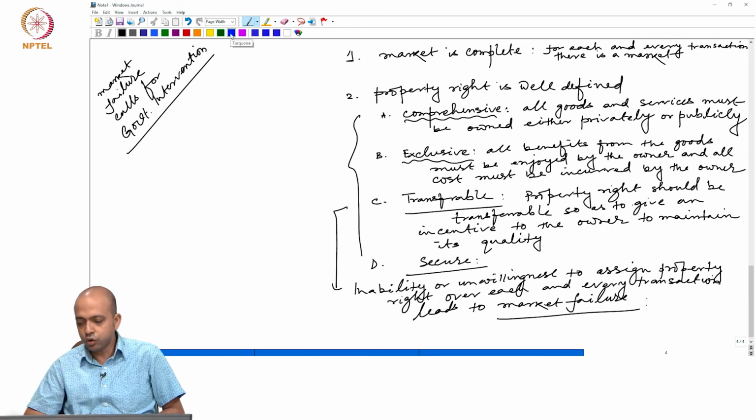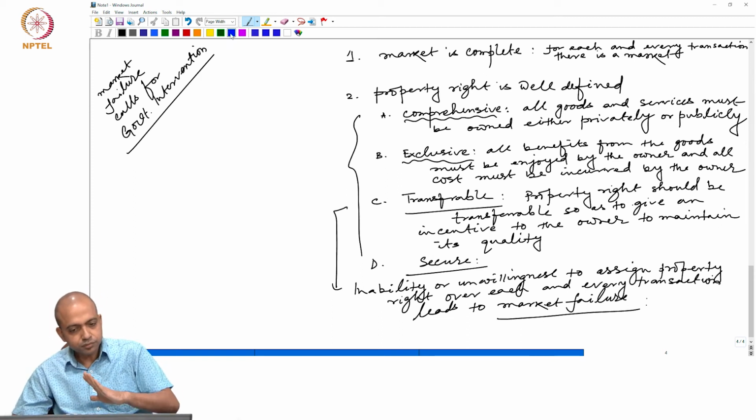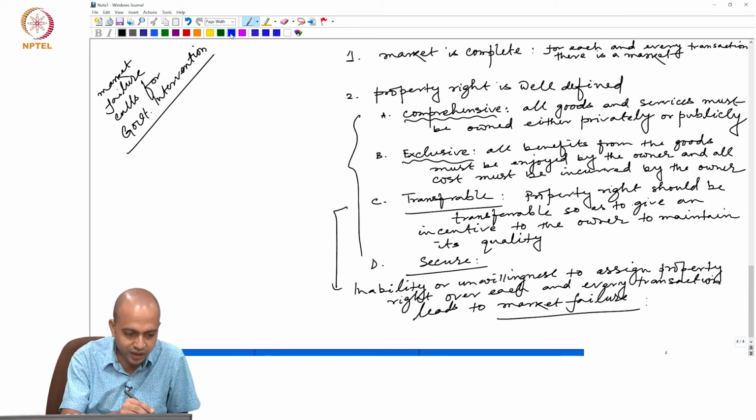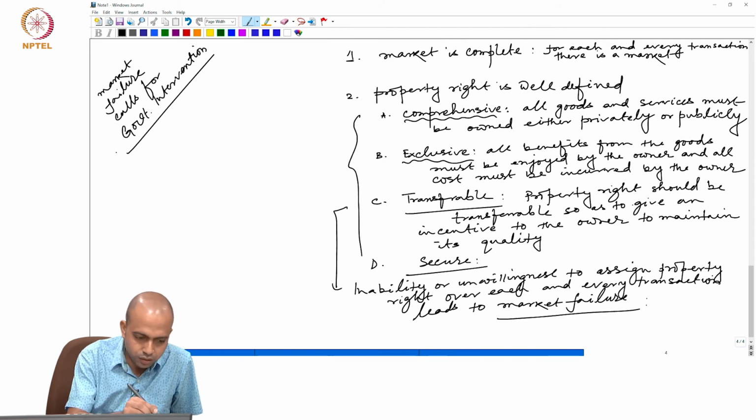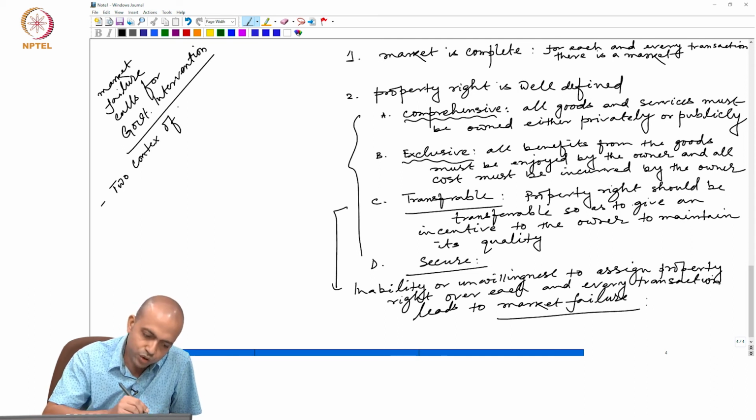Market failure calls for government intervention. Okay. So, that means when the market is not complete and the property right is not well defined, these are the two contexts of market failure.